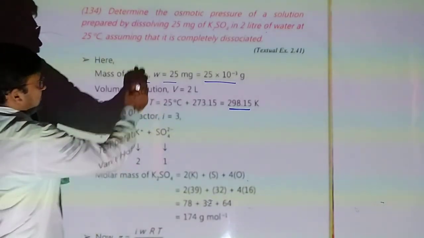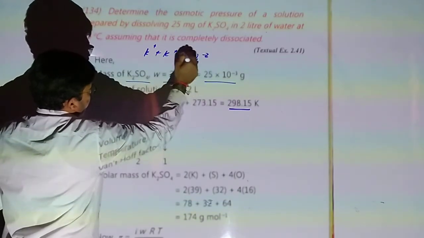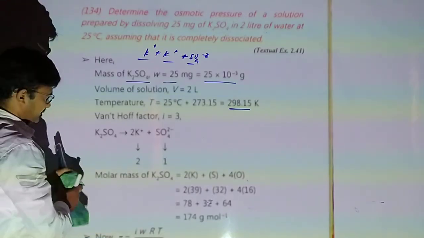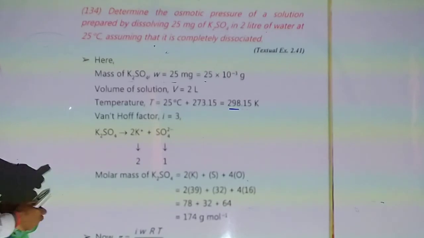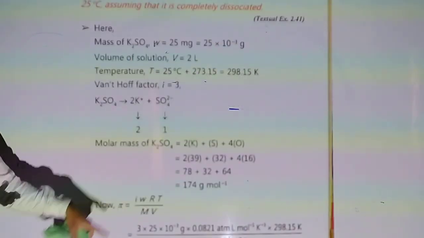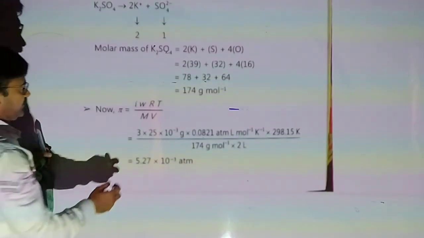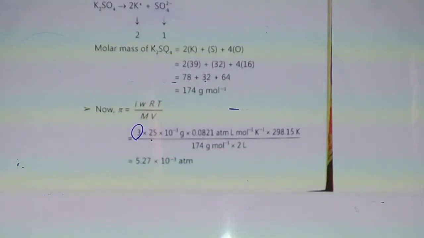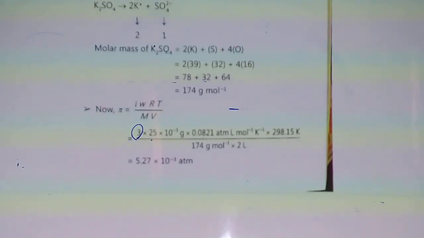Van't Hoff factor: completely dissociation means it gives 3 ions. So i will be 3, 2 plus 1, 3. Molar mass of K2SO4 is 174. So pi will be i W RT upon MV. i 3 and 25 into 10 raised to minus 3, 0.0821, 298.15 upon 174 and volume 2. So 5.27 into 10 raised to minus 3.